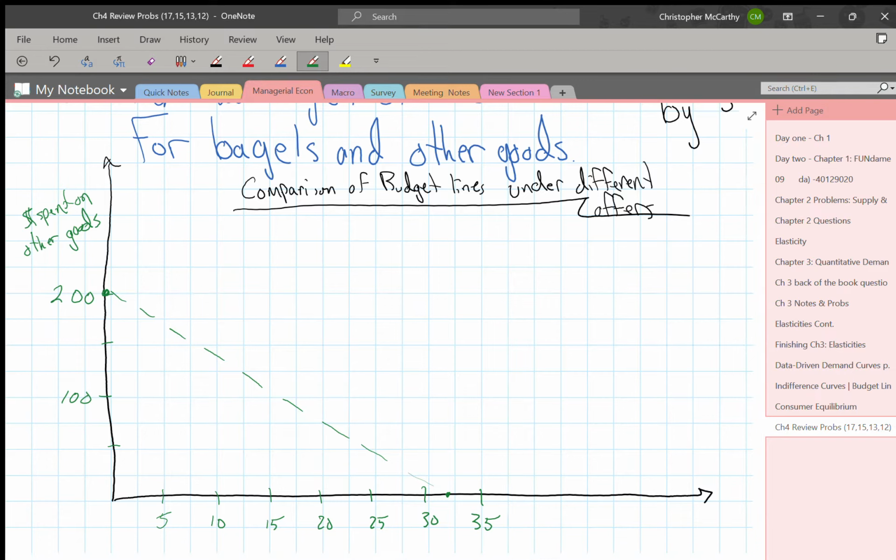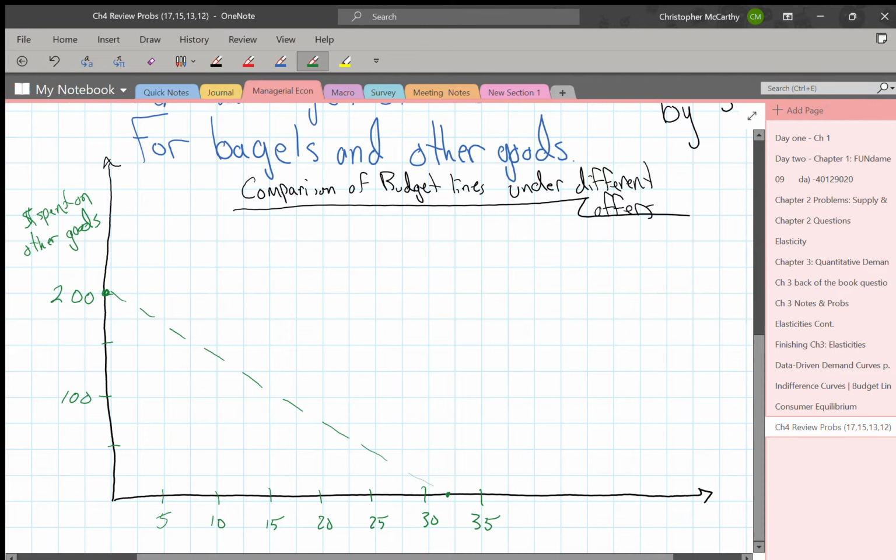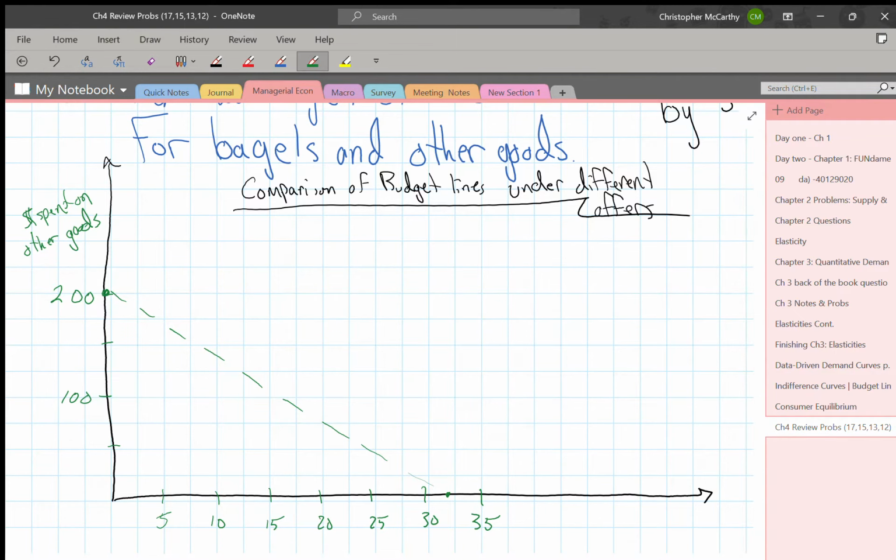Our first scenario that we're asked to model is very similar to the pizza example that we did at the end of class, in terms of the buy one, get one free. But this time it's buy 12, get one free.